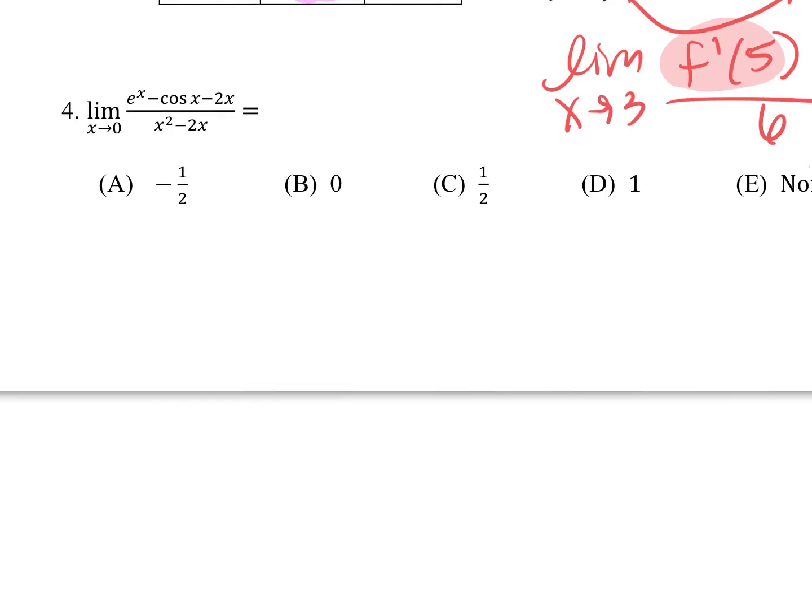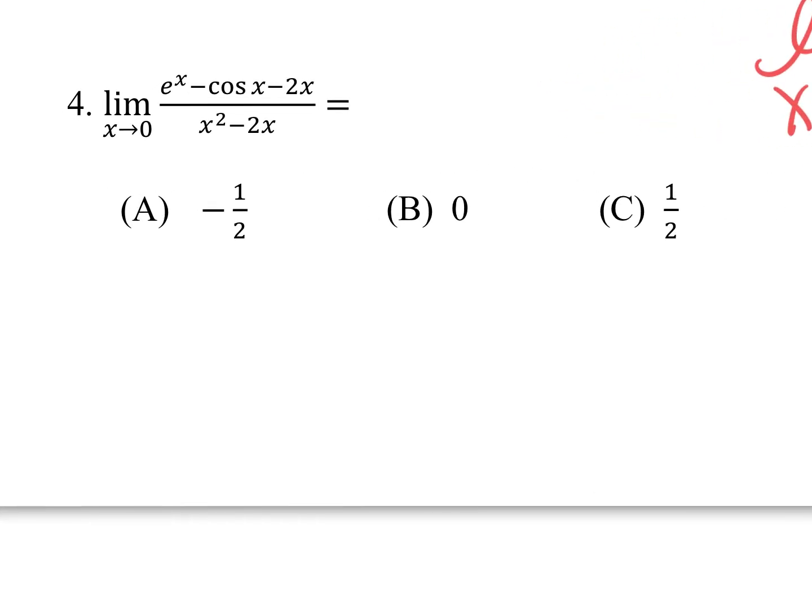So this looks like a blast. Agreed. Let's just always plug in that 0 first. If we get a number, then we're done. e to the 0. 1 minus cosine at 0. 1 minus 0 over. Yeah, you agree we're getting 0 over 0?